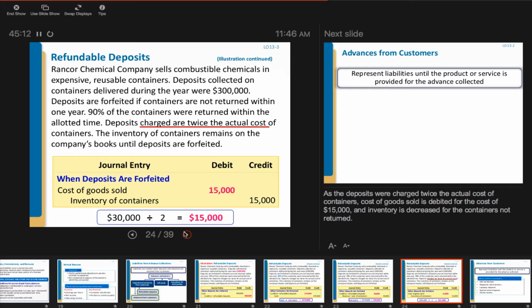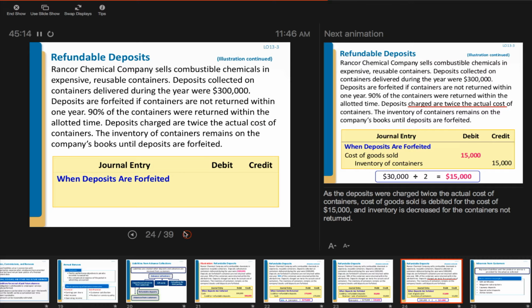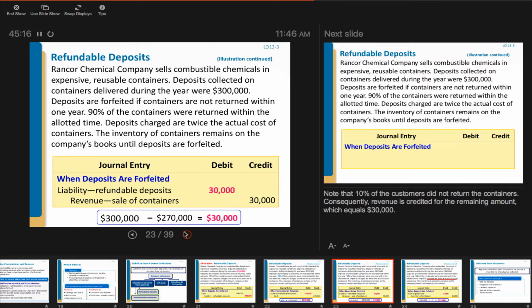So the slide that we looked at before is basically the side of a sale where you would normally see debit cash, credit revenue, the side that shows what the customer paid. And then the other component of that is what's tracking what you paid for the item, which shows up in inventory. And when you sell that item, you take it out of inventory, and that amount goes in the cost of goods sold.